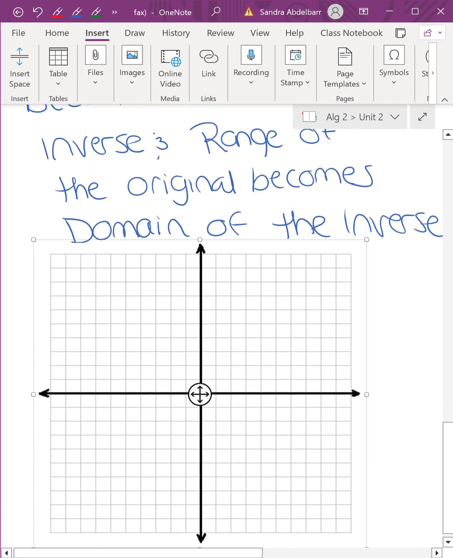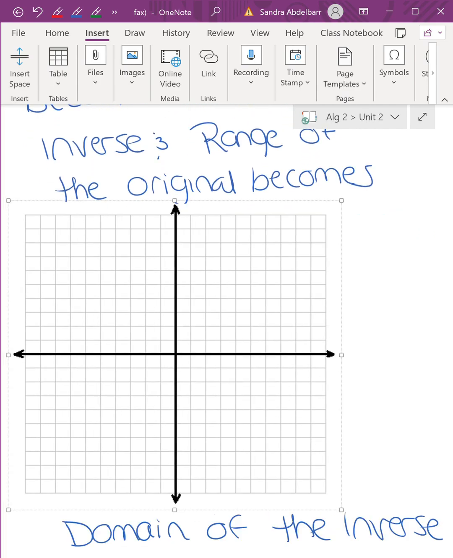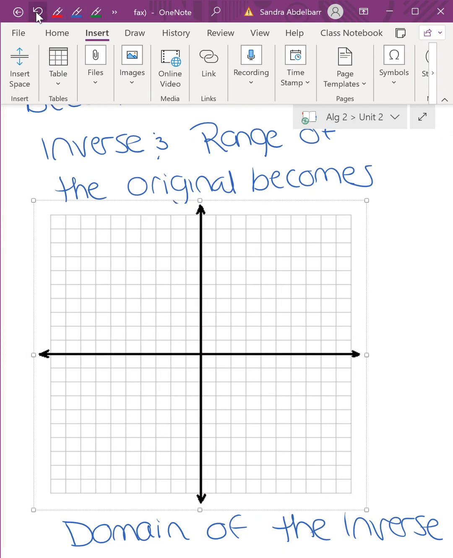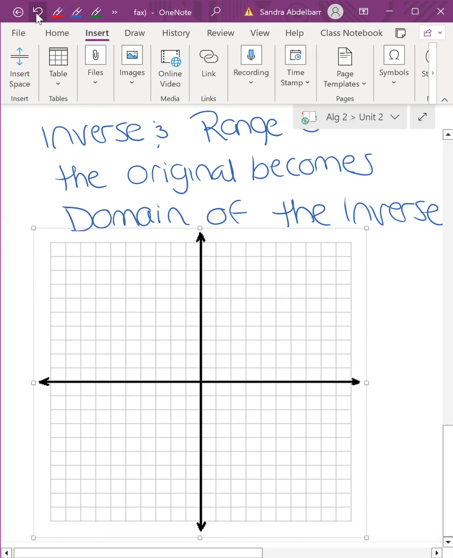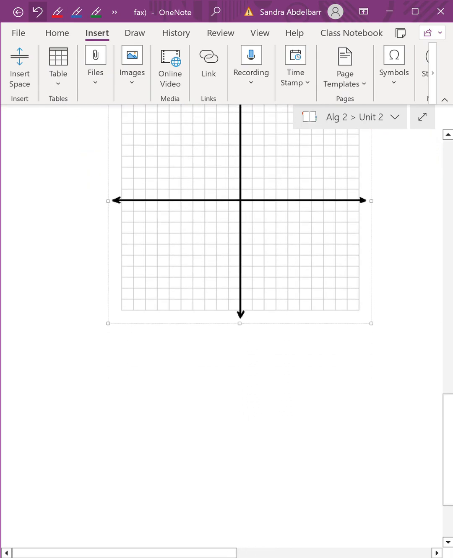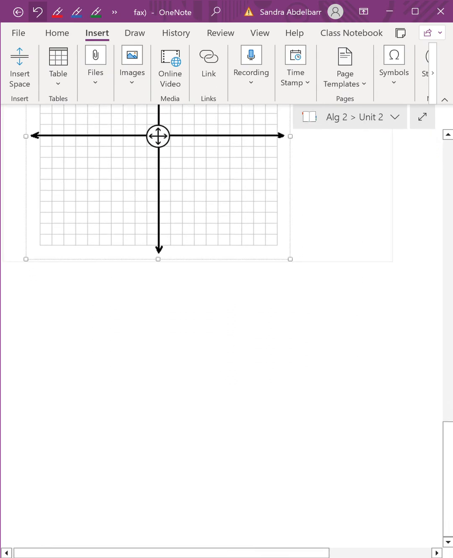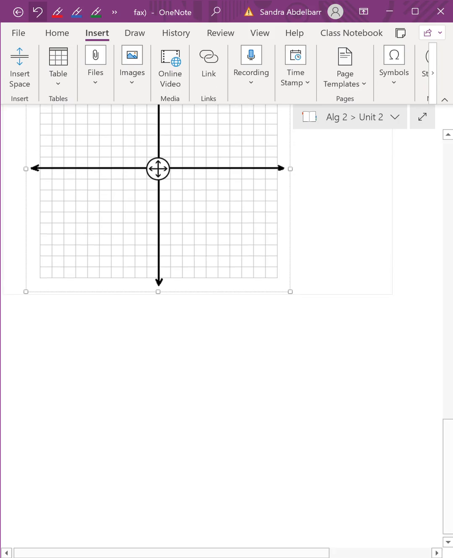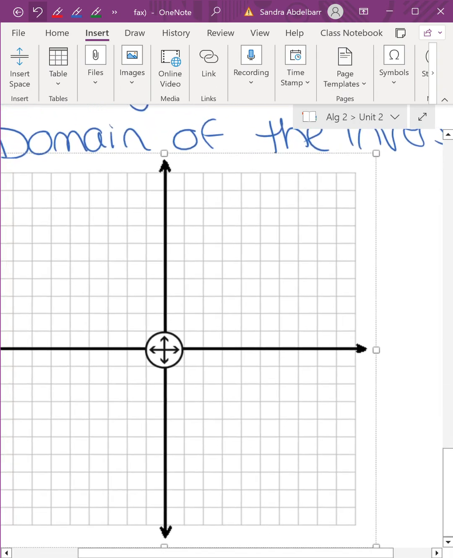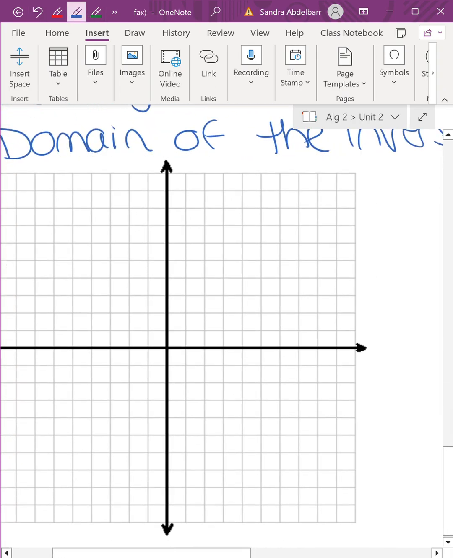Okay, so we're going to find the inverse of something I'm going to plot right now. I'm going to plot a parabola centered at (0, 0). This is point C, (0, 0).